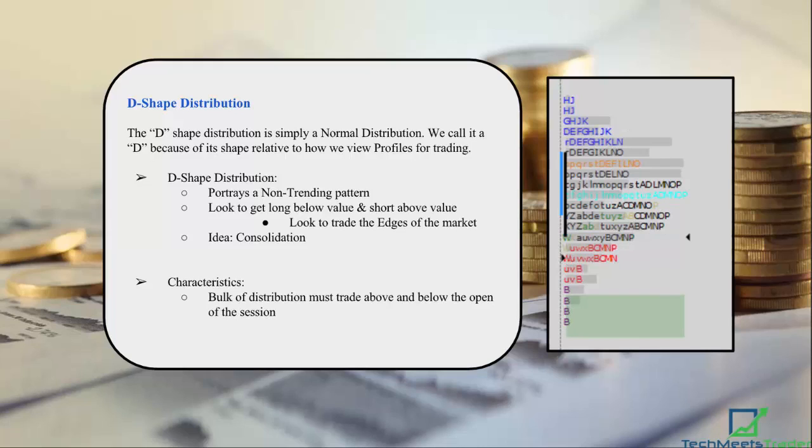Before we move on, we need to understand that all three of these distribution shapes are singular distribution profiles. For example, the letter P has one distribution. The letter B has one distribution. The letter D has one distribution.